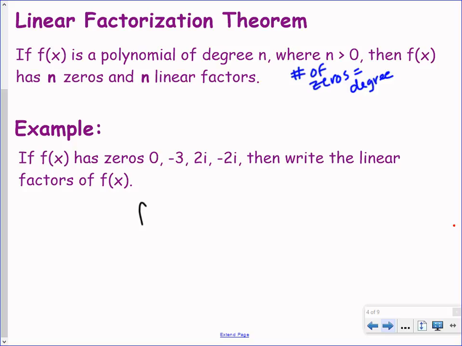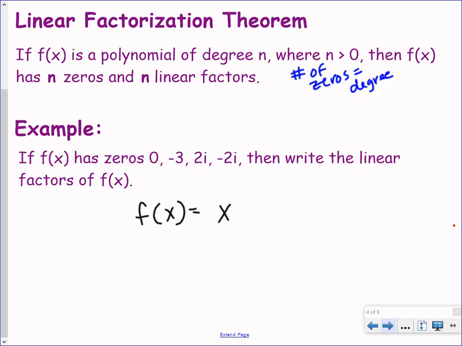So I'd start by saying f of x equals, and then I take one zero at a time and decide what its linear factor would look like. If we get 0 as a solution, what does our linear factor look like? It's just x. You can say x minus 0 if you want, but x minus 0 is just x, so it's really not necessary.